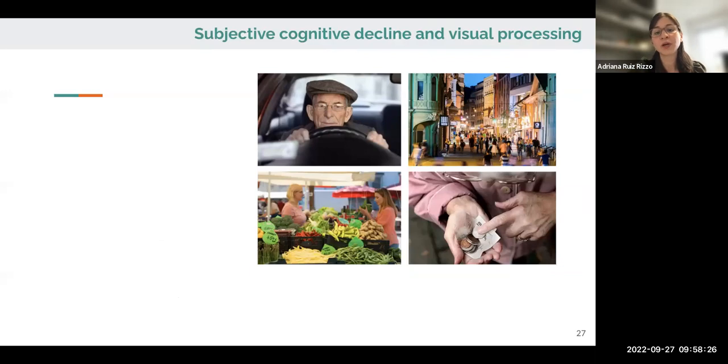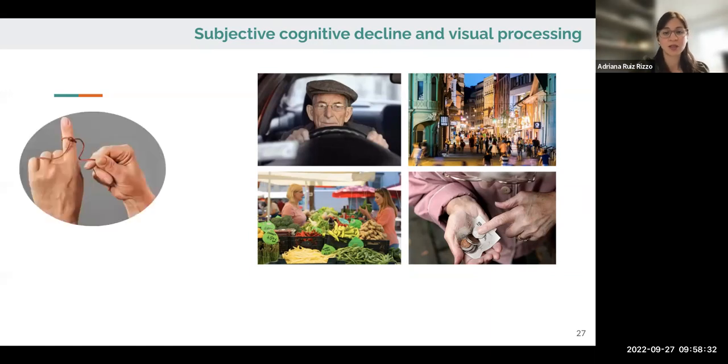I've already shown you how important visual processing is in our daily activities. So that's why I think it is very important also to study how subjective cognitive decline affects the visual processing in general.